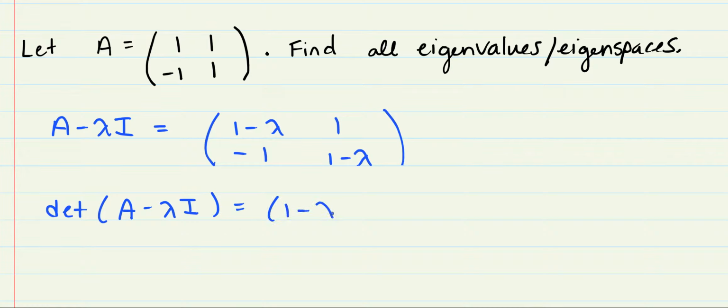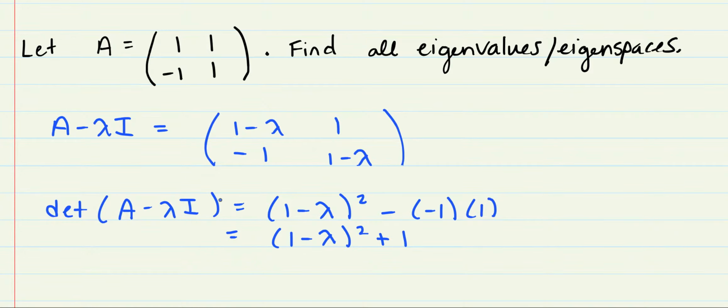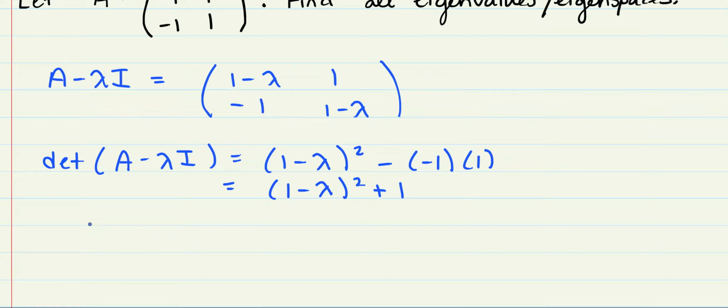This is (1 minus lambda) squared minus negative 1 times 1. So we get (1 minus lambda) squared plus 1. And this determinant is the characteristic polynomial, p of lambda, which is equal to (1 minus lambda) squared plus 1.